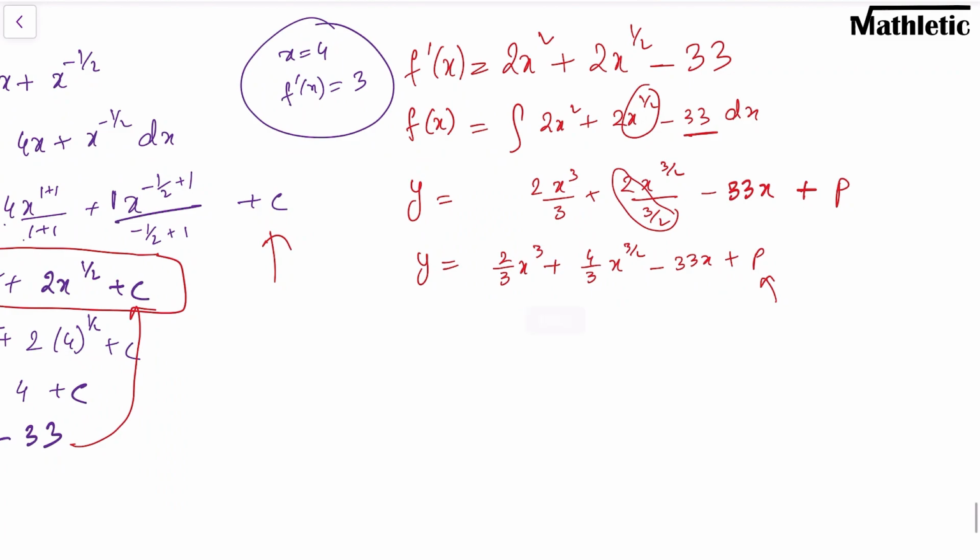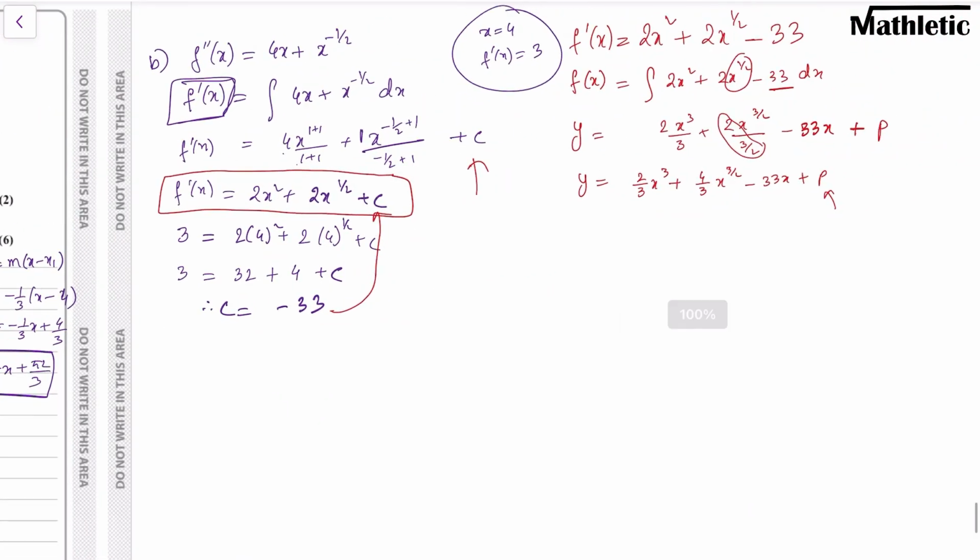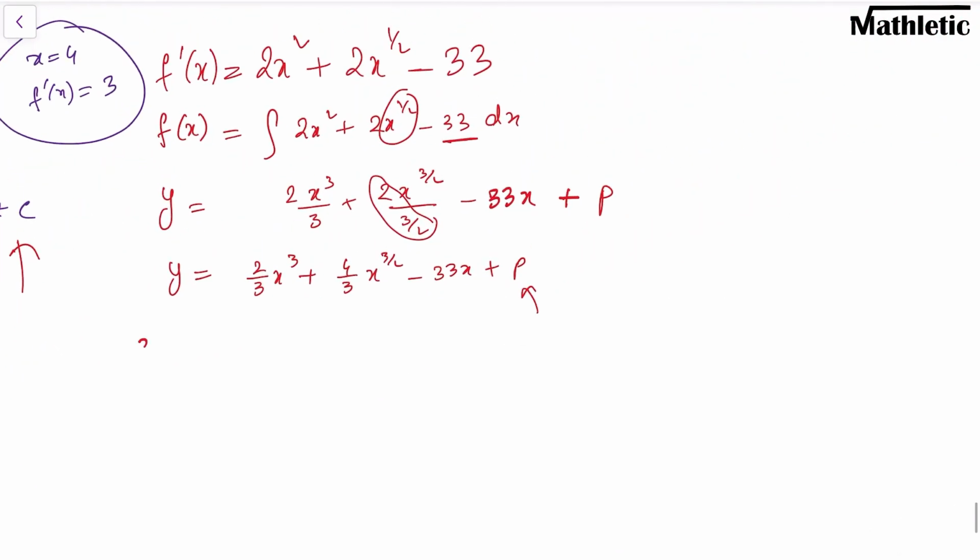So when we find the value of p, we will get the final result. So you can use any coordinate you know. So we know the coordinate 4, 16, right? The curve passes through 4, 16, so that's why I will be using x equals 4 and y equals 16. So substitute that into this equation.